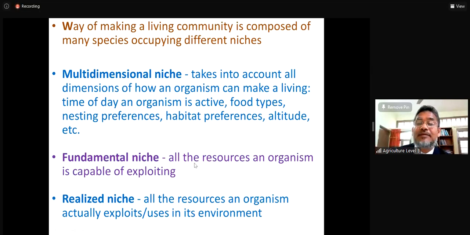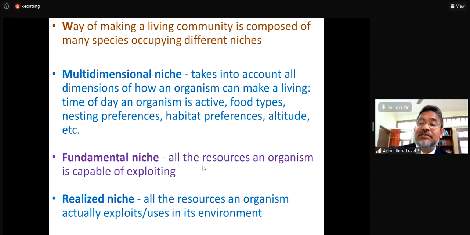Fundamental niche. An organism lives in a habitat and there are many resources. All the resources an organism is capable of exploiting, that is the fundamental niche.